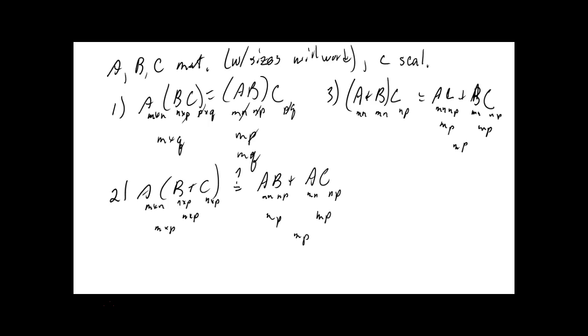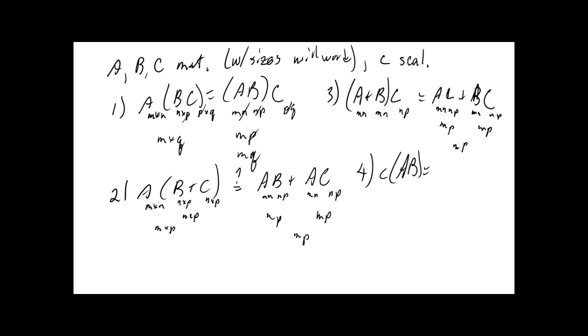Okay, and number 4 is probably the simplest because it's dealing with a scalar. C times AB is equal to CA times B, and that's also equal to A times CB.